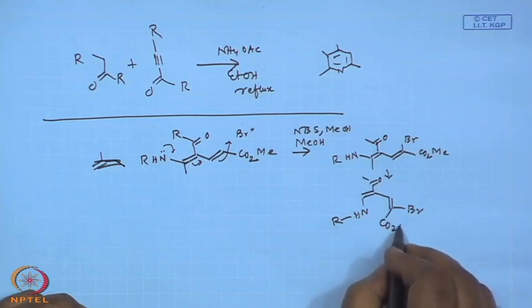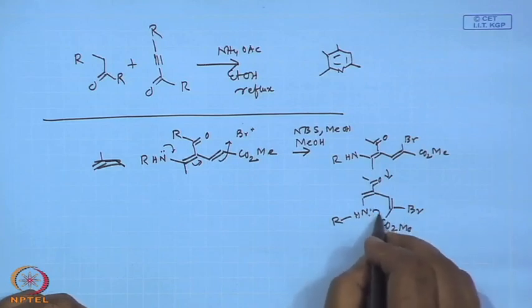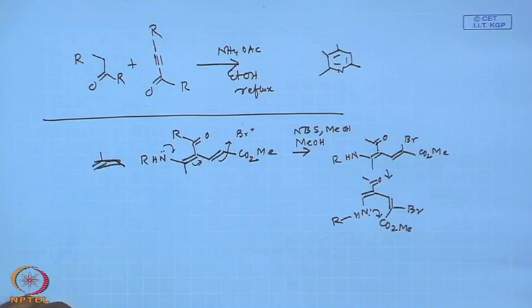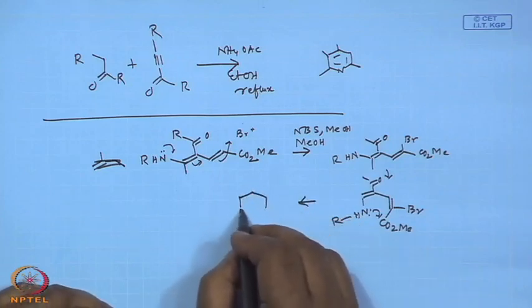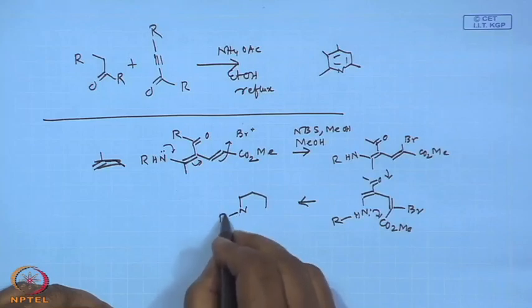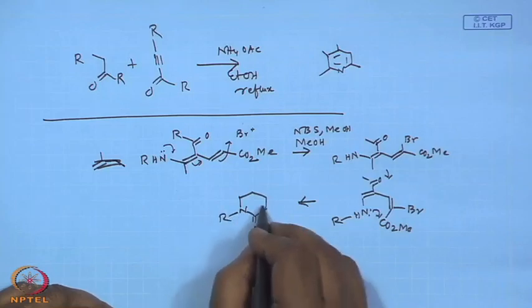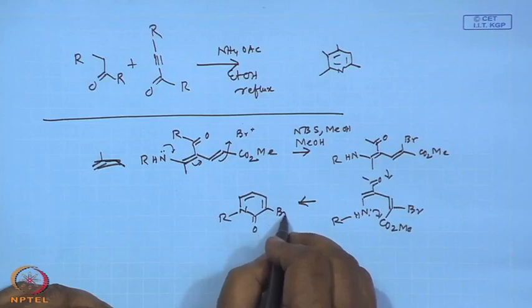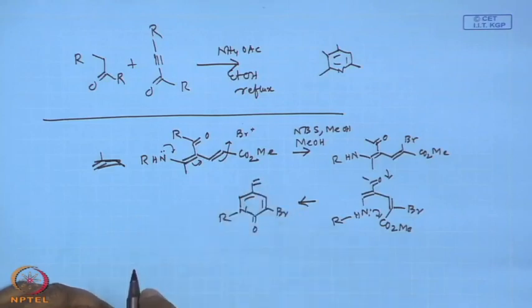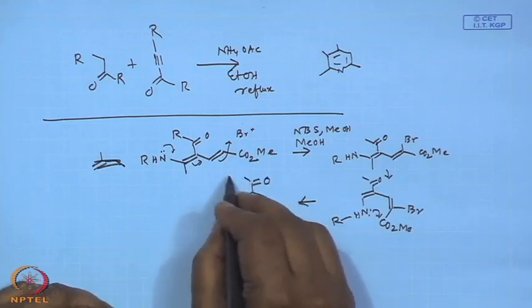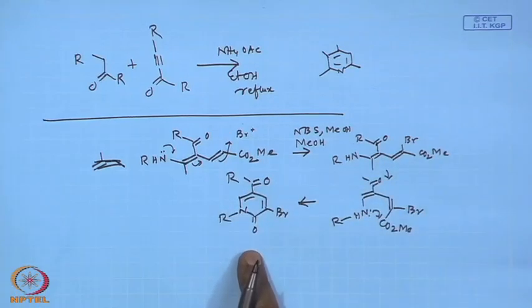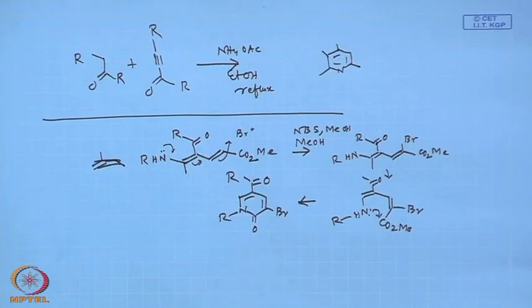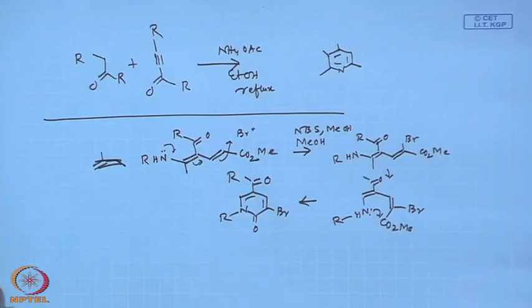Then you have this ester here, and then nitrogen would now attack the carbonyl of the ester group. So, you will be getting here R here, then it is a pyridine derivative, and the carbonyl up here, this is R, again this is R, this is R. So, essentially it is a pyridine derivative. Okay.